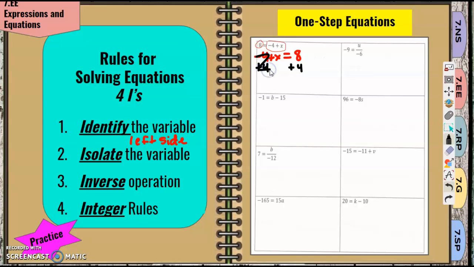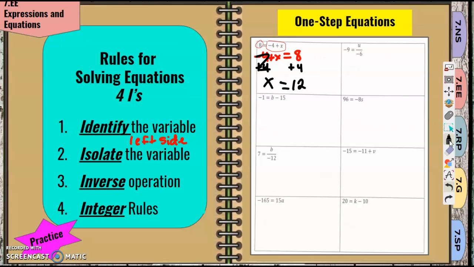These numbers, or the constants, zero out, and that leaves me with x. So now my variable is by itself. On the right side, I have 8 plus 4, and that is 12. So x equals 12.